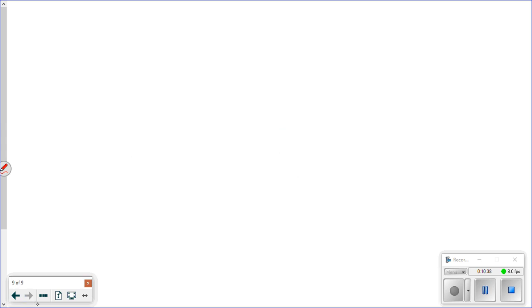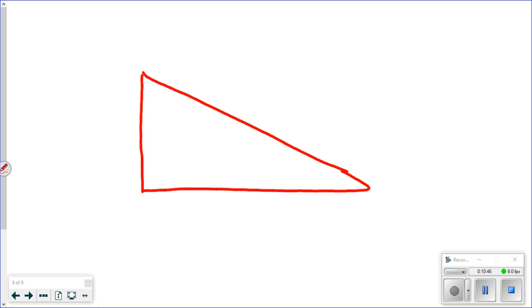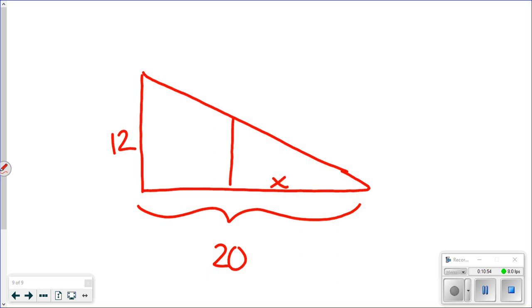One of the last ones I want to talk about is if you have a problem that looks like this. Okay, so I have a triangle inside of a triangle, and I want to find what x is.